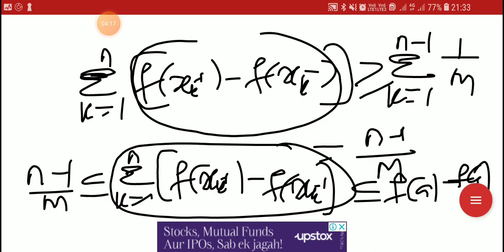Then from this inequality, n is bounded, and also f(b) minus f(a) is a finite number, since [a, b] is a closed interval and f is increasing. Therefore, from this inequality, n is clearly finite.